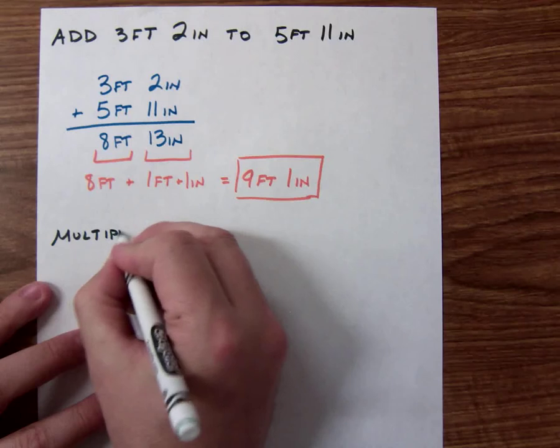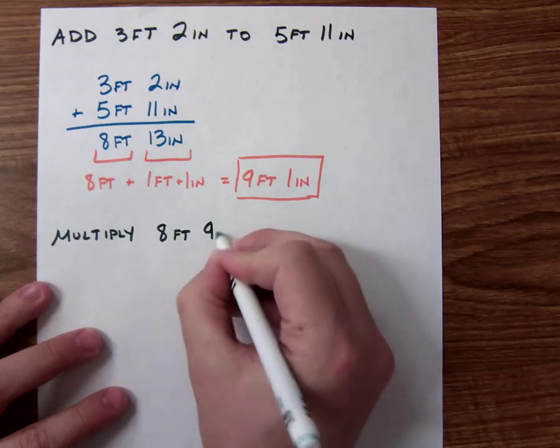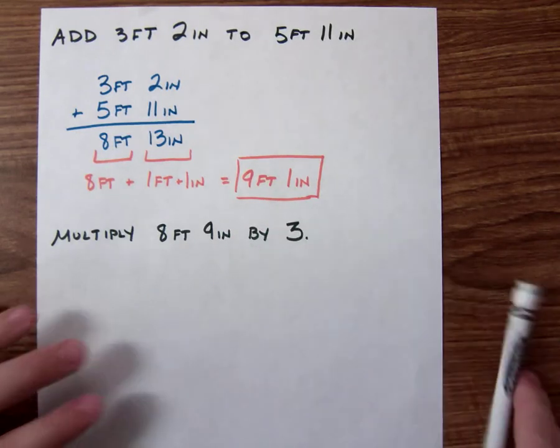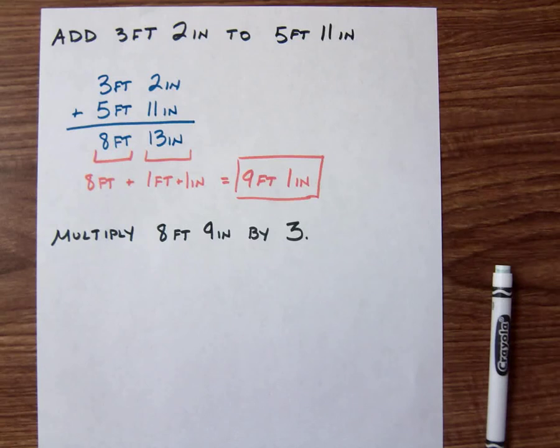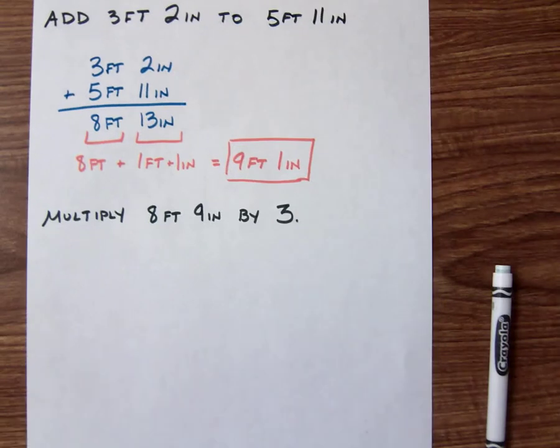Let's do multiplying. Hopefully you can see why a problem like this might be useful if you are building something that, you know, maybe is enclosed on 3 sides.